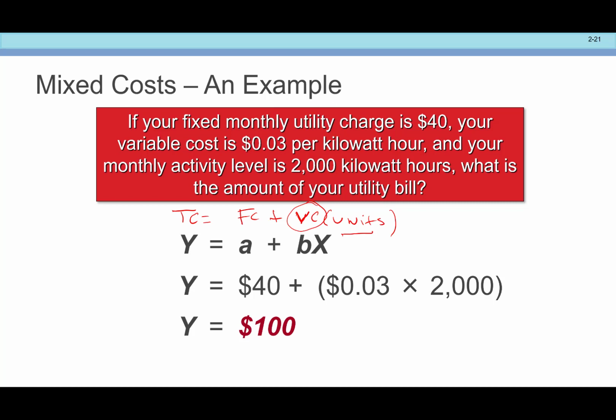That means that you are going to say that your total overhead is 100. Now you look at this and you say, well, John, what good does this do me? I would clearly already know what my utility bill was. I mean, I see what it is. Why do I have to come up with an equation to predict it? Well, the reason is that you are more likely going to use your historical data, which is what we learned all about in Business 20 in your intermediate.